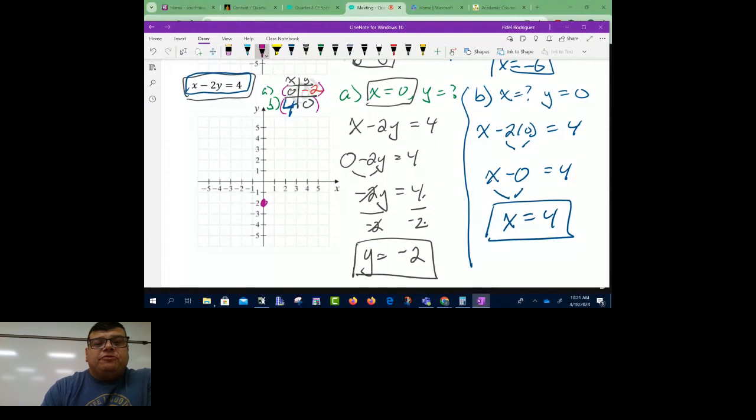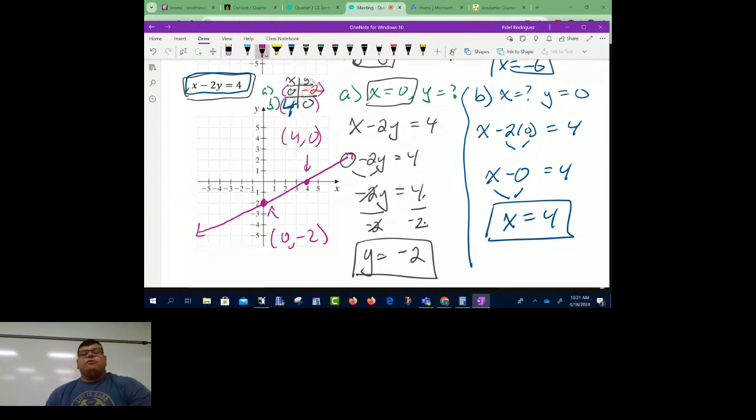Since the second number is 0, I'm going to stop right there. I'm going to draw my line. And again, the coordinates of that point are 0, negative 2, and the coordinates of that point are 4 and 0, right? And we were able to find those points just from looking at the equation and plugging in some zeros where they needed to be plugged in, okay?